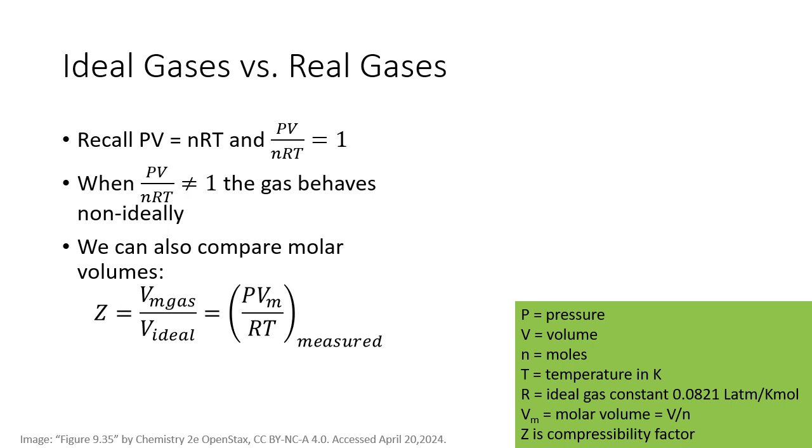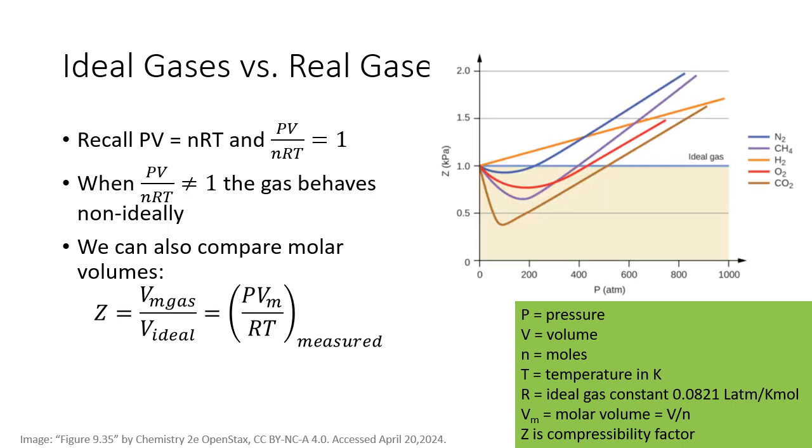Anyway, if we take the ratio of the molar volume of a real gas to the molar volume of an ideal gas, or what it would be predicted, the 22.4, we get a ratio of P times molar volume over RT that we measure. So in other words, this is our deviation from 1. It will be given by Z.